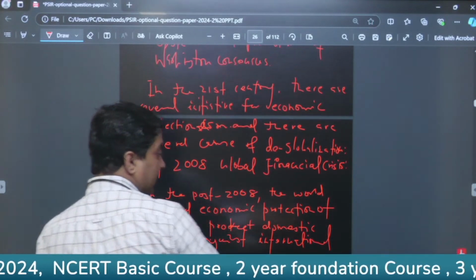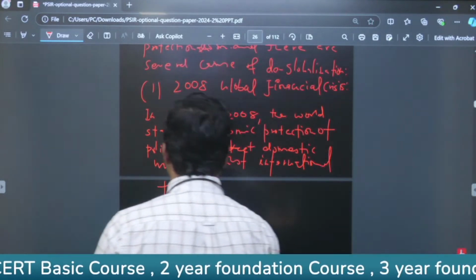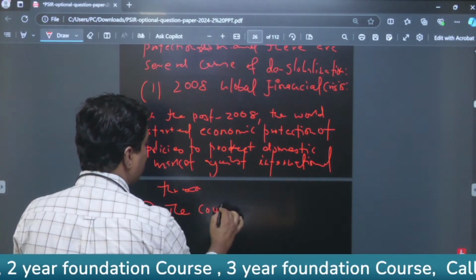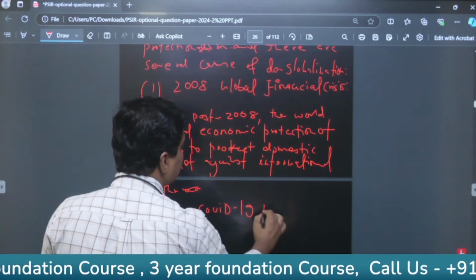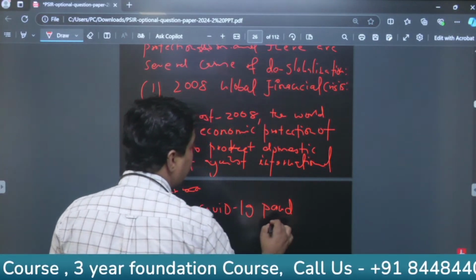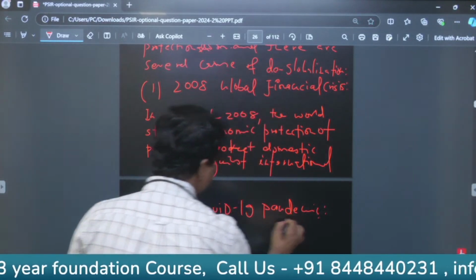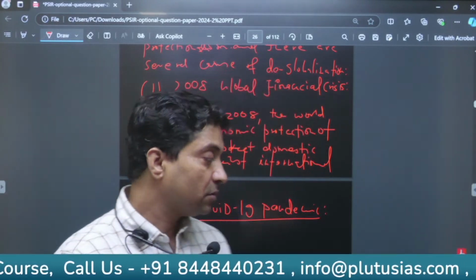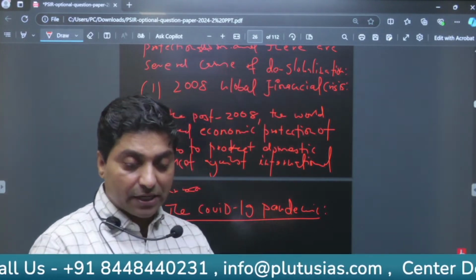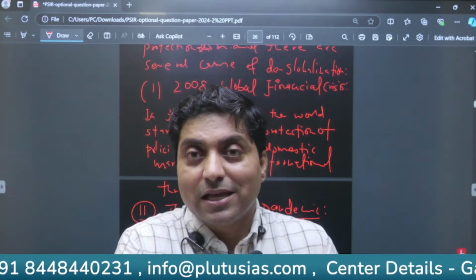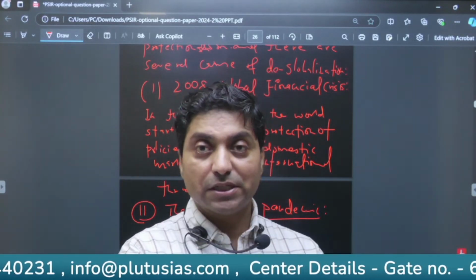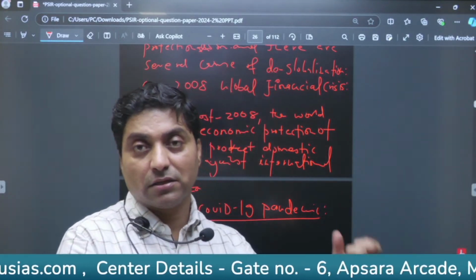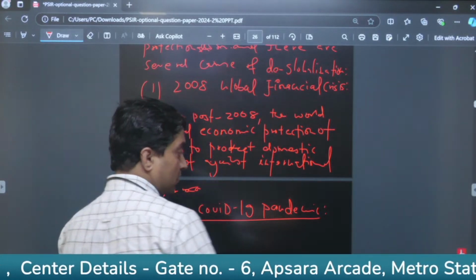Secondly, the COVID-19 pandemic. The COVID-19 pandemic exposed the loopholes in globalization, right? Countries started self-reliance and self-help regarding protecting their market and health.